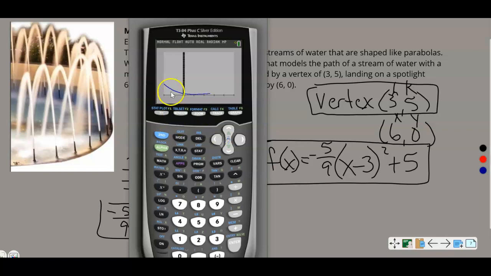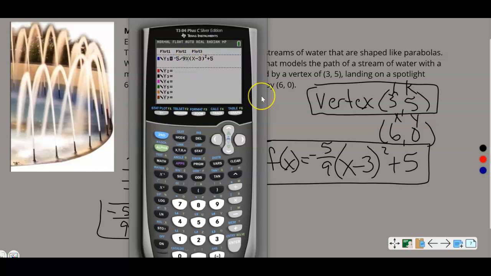All right, what we can do is quickly change our window because this is a window from before. So let's just do zoom 6. Well, I must have hit a 3 instead of a 2. Let's see what I did.